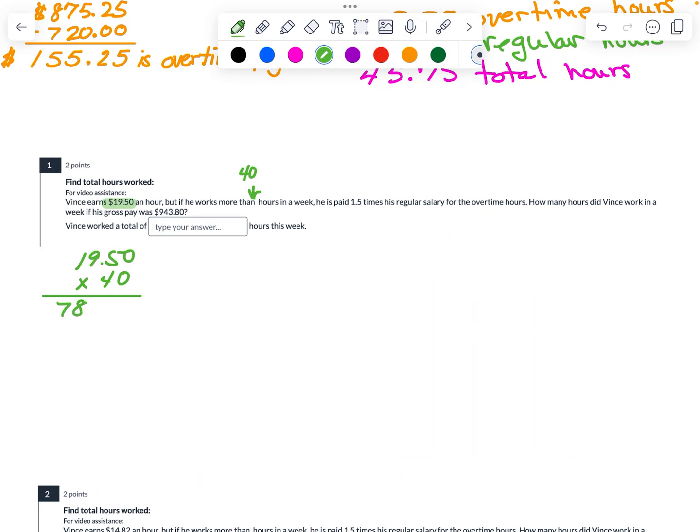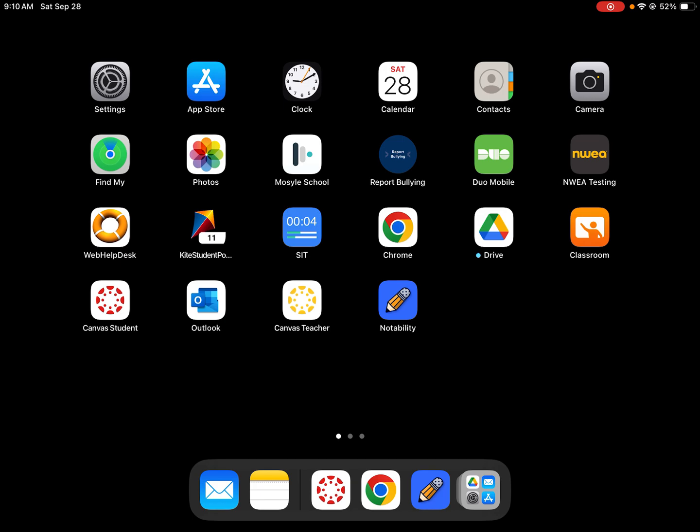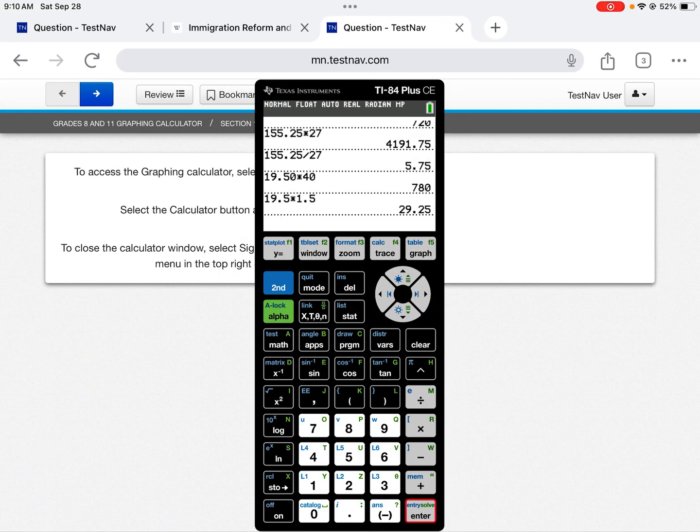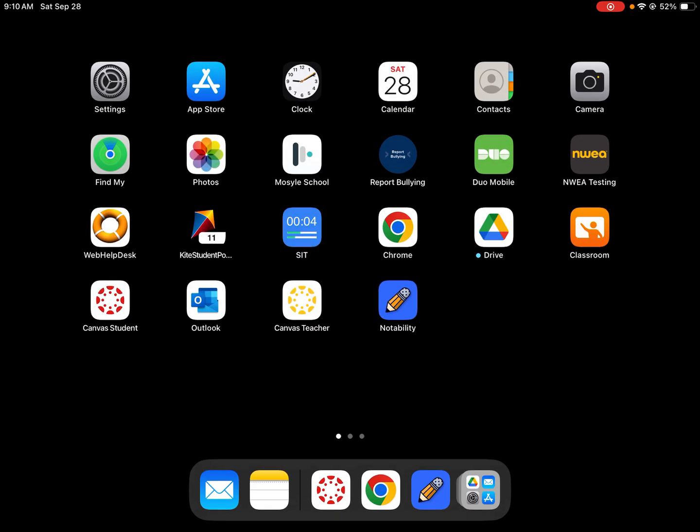And then I'm also going to take $19.50 times 1.5. So when he works 1 hour of overtime, he makes $29.25.